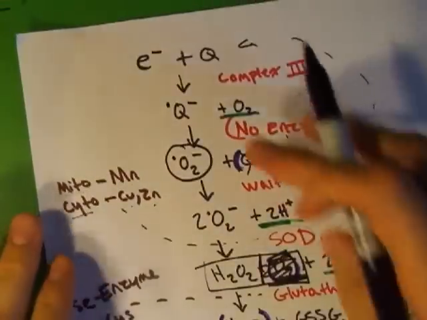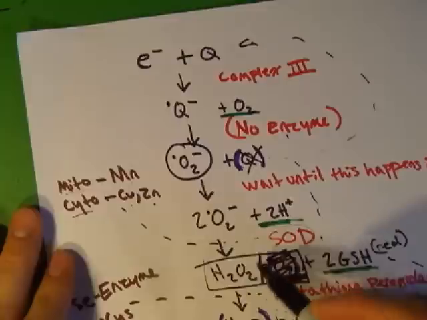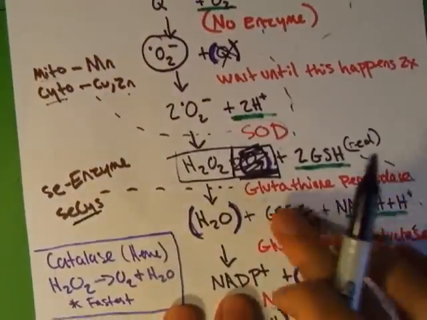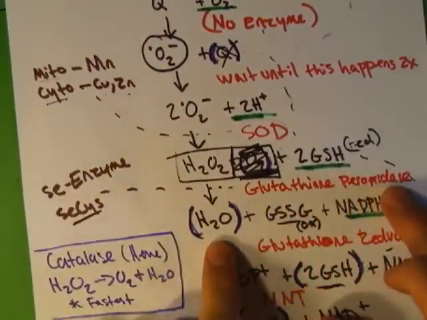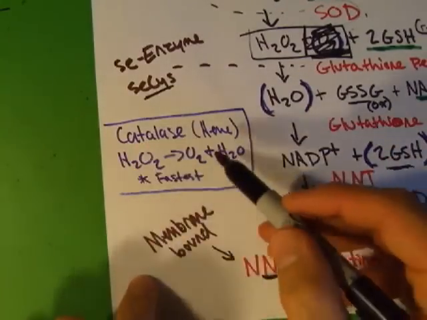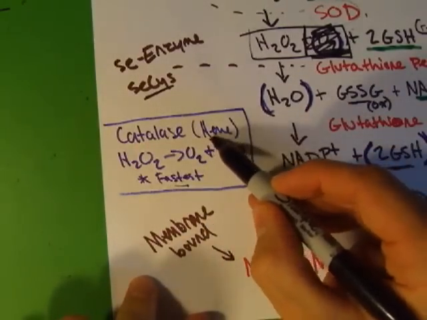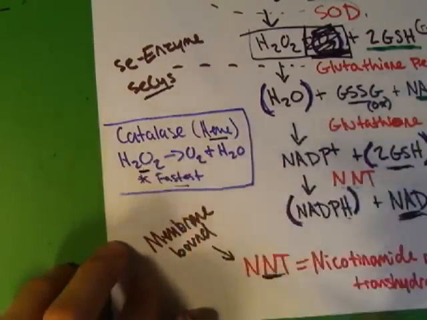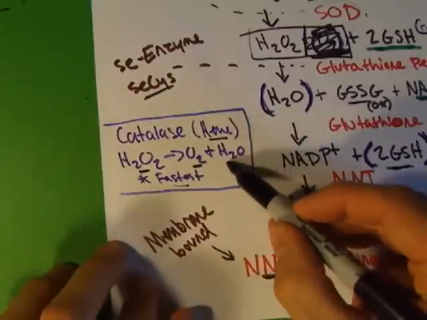So you have two options. After these first steps happen and you get to hydrogen peroxide, you can either go the glutathione peroxidase route if that's around. If that's not around, you have catalase, which is one of the fastest enzymes. It's a heme enzyme, and it takes that hydrogen peroxide, turning it into oxygen and water.